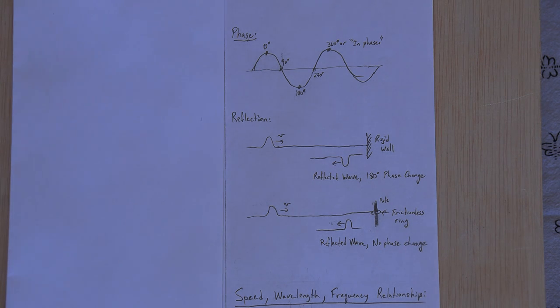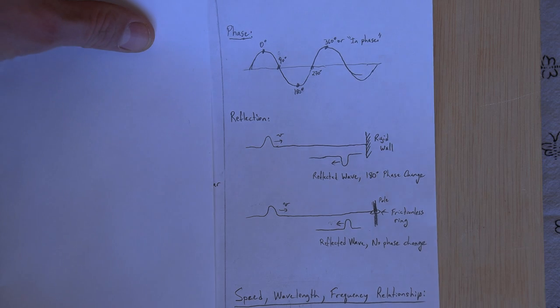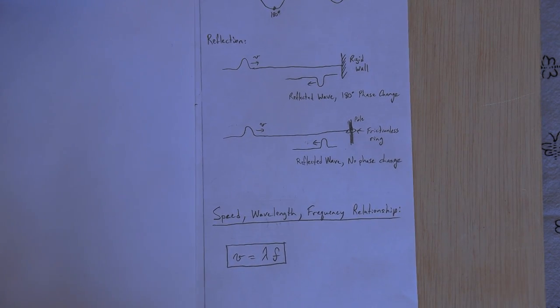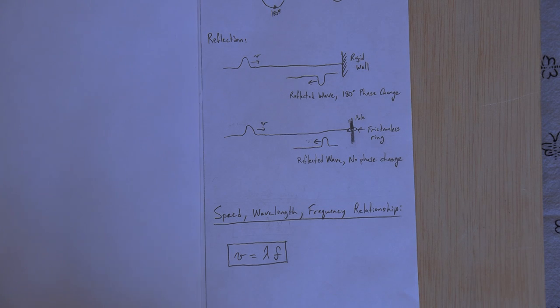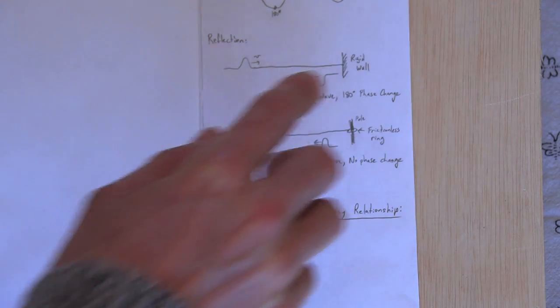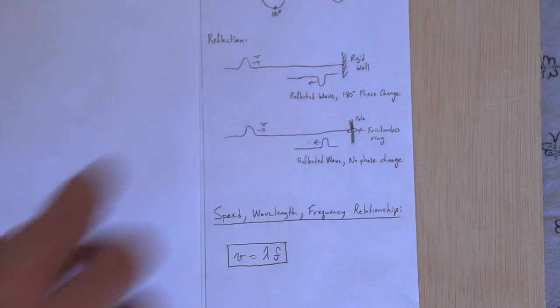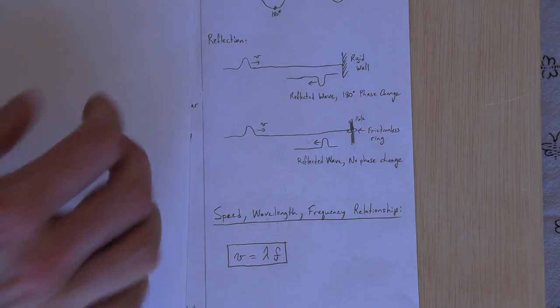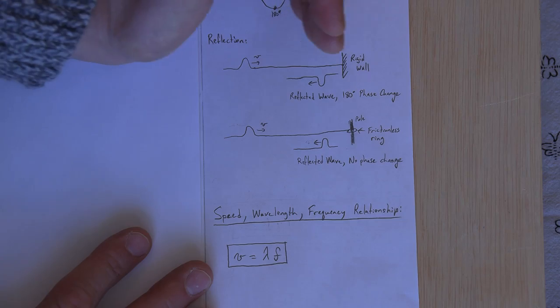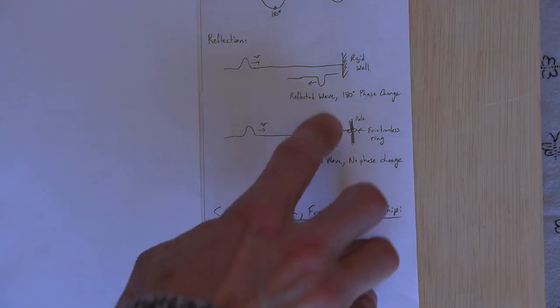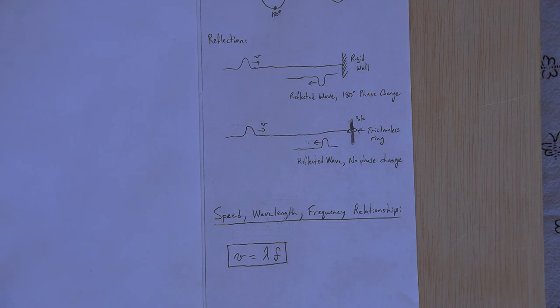Last couple things. Waves reflect, like when you look at yourself in a mirror, you see the light waves reflecting. Well, if you were to send a wave on a spring that's connected to something rigid like a wall, so you bolt it to the wall, and I shake my hand up and down and create this crest coming toward the wall, when it hits the wall, it would reflect, bounce off the wall, and come back as a trough.